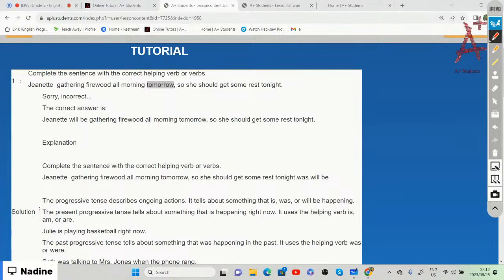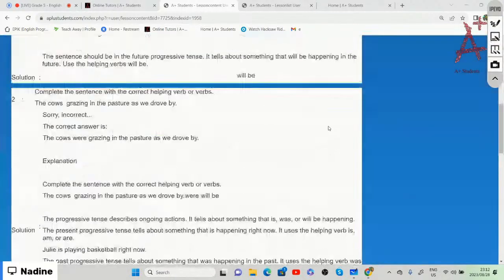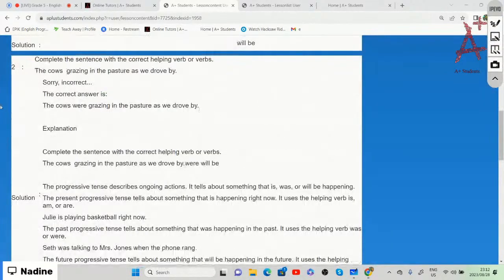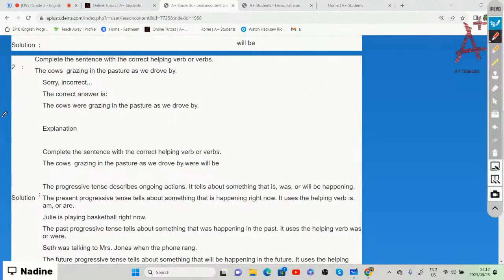All right. If we look at the next sentence, the cows, we need to find the correct word over here, either the correct verb or the helping verb. The cows grazing in the pasture as we drove by.